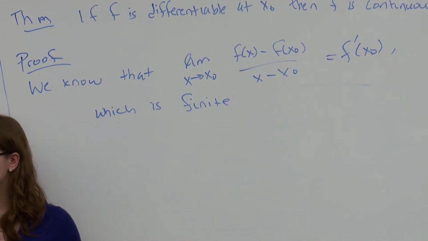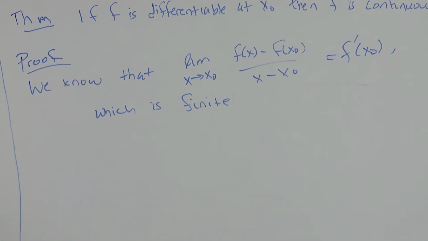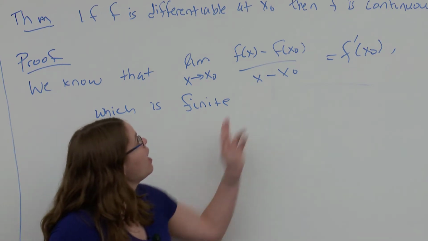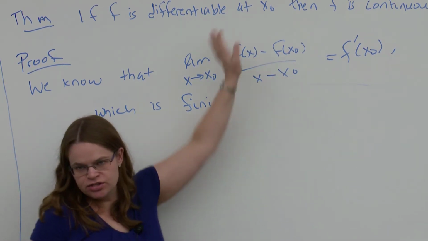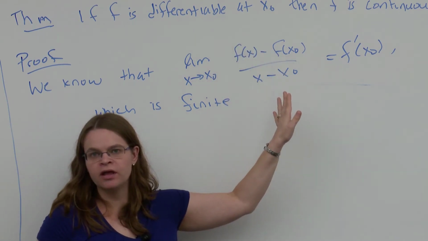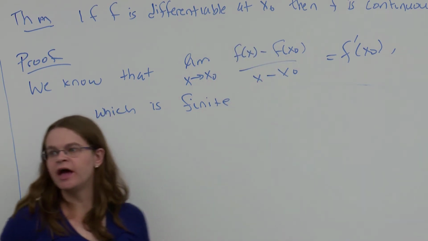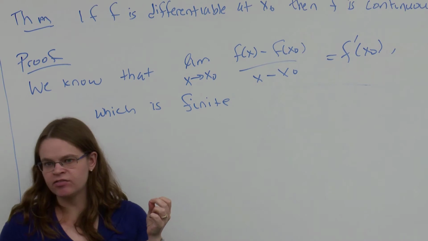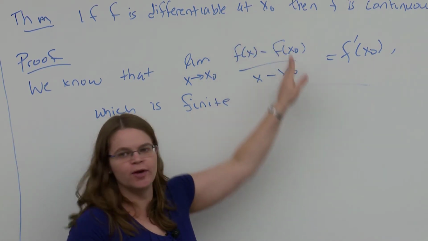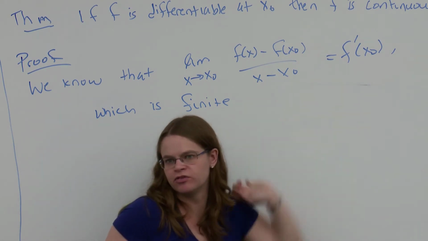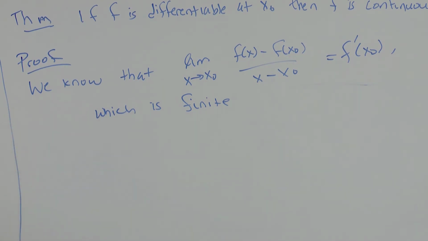True? We believe this? All right, if this limit exists, what happens? Well, it doesn't mean we can plug x equals x naught into this thing here, right? That's not how limits work. What that means is that if x is very close to x naught, arbitrarily close, then this quotient is going to be defined, and it's going to be pretty close to this value, right? That's not quite the precise way of saying it, but that's essentially what this means.